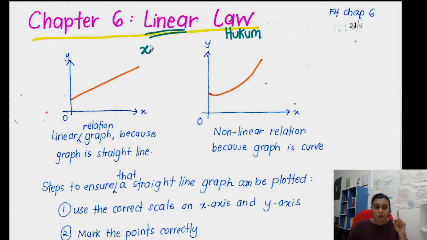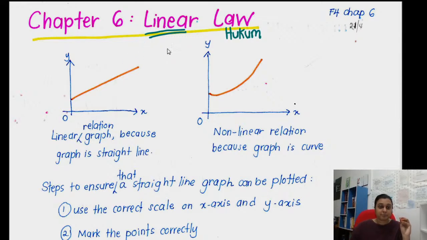the X kuasa, the power must be power 1. Even if we use Y, the unknown, pemboleh ubah Y, dia mestilah kuasa 1. It cannot be other powers. If teacher writes X kuasa 2 tambah 6X tolak 3, this will become a quadratic function, because there is power 2.